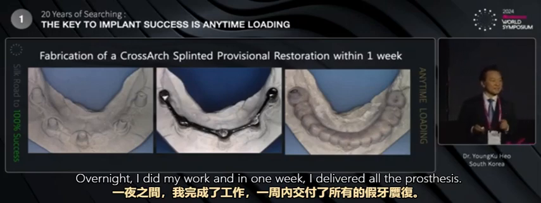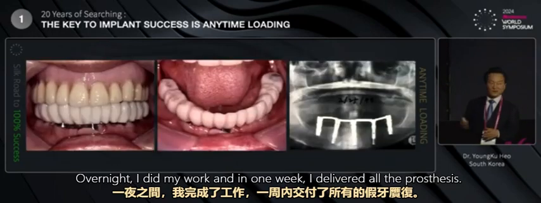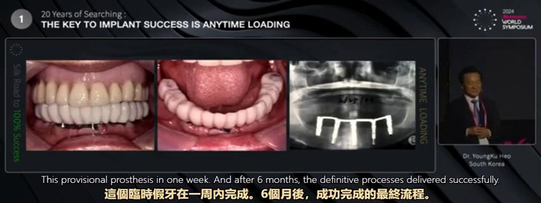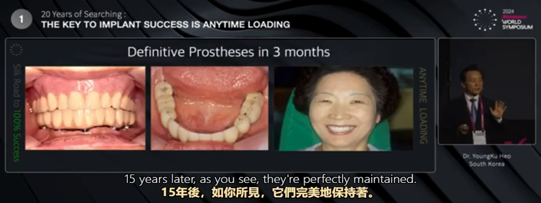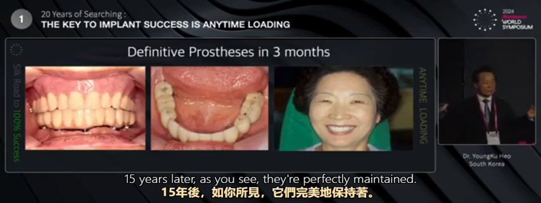Overnight I did my work, and in 1 week I delivered the provisional prosthesis. After six months, the definitive prosthesis was delivered successfully. 15 years later, as you see there, it is perfectly maintained.